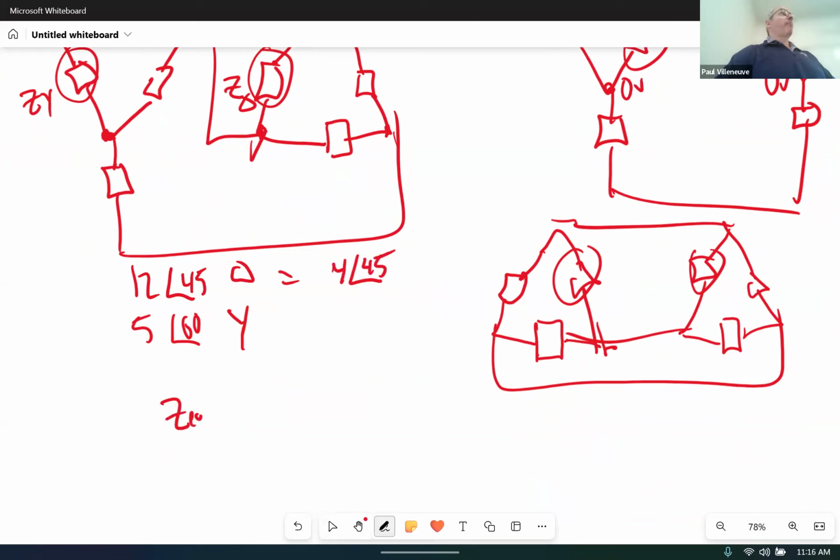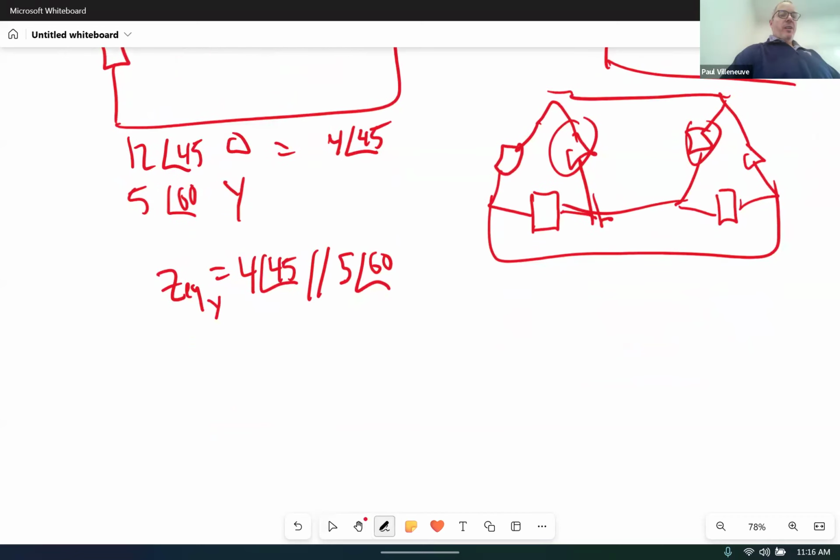So Z equivalent per phase, at an angle of 45. That was it. You could have done delta. So this is equivalent Y. If you wanted to do delta, this one converts to, we're going to multiply by 3.